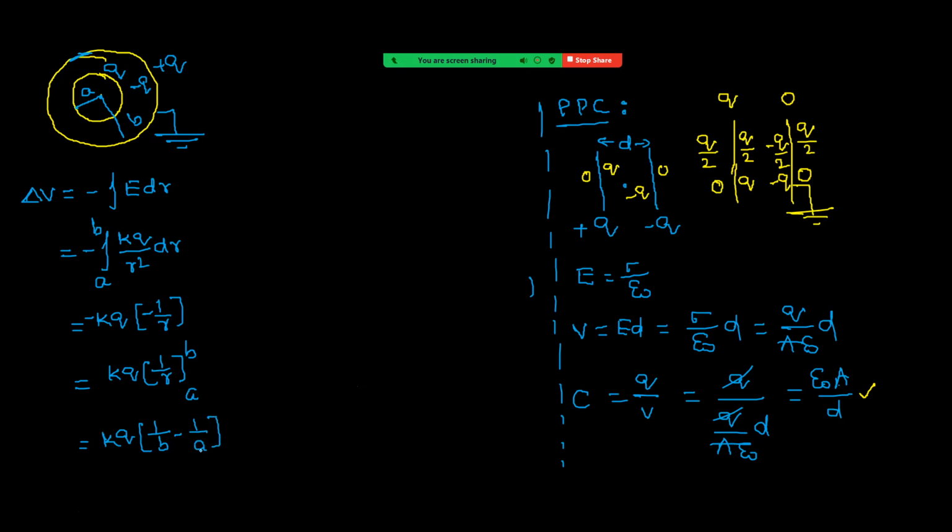And this value will be negative, right? A minus b value is negative because we have taken A to B and we want only the potential difference.